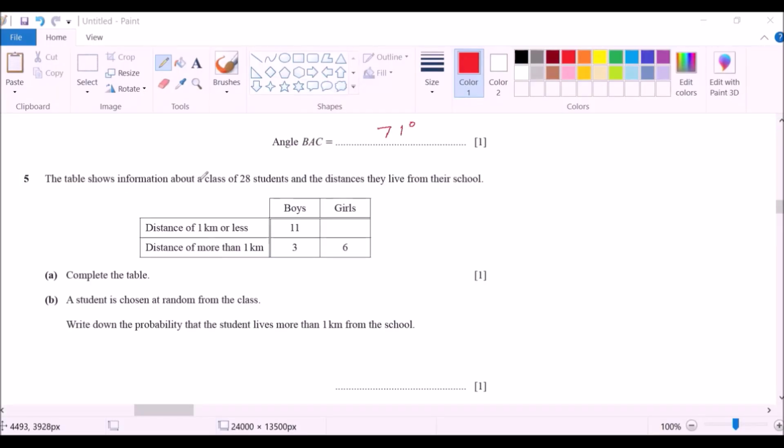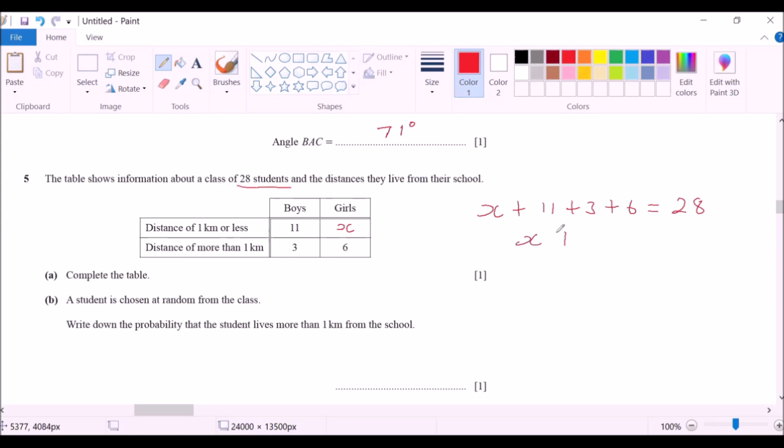The table shows information about a class of 28 students and the distances they lived from their school. Complete the table. So the total is 28. So if this is x, we can say x plus 11 plus 3 plus 6 will give us 28.